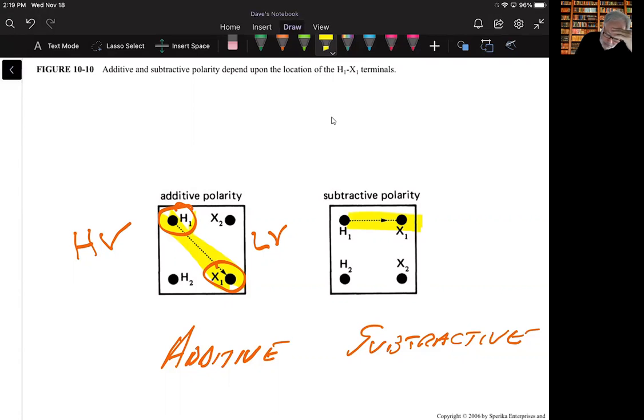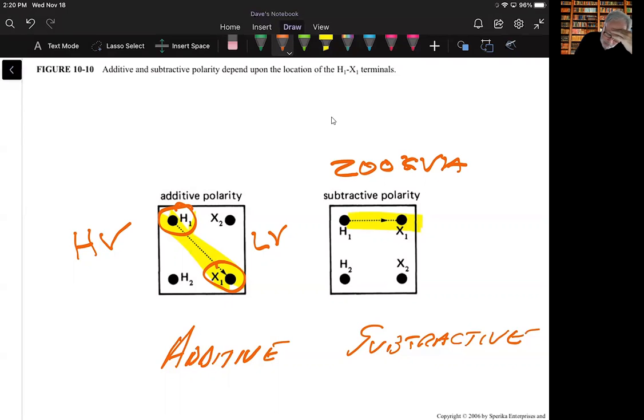Subtractive polarity is standard for all single phase transformers above 200 kVA. That's standard. Now, I don't know, guys and gals, if proximity is part of the design consideration. I don't know that. That would be something for me to explore.